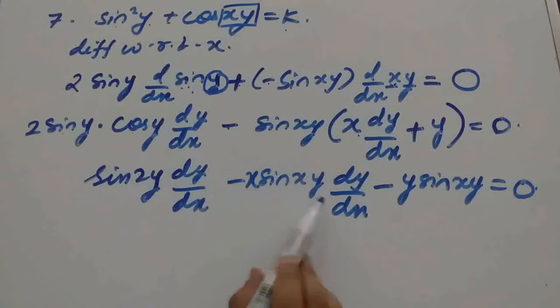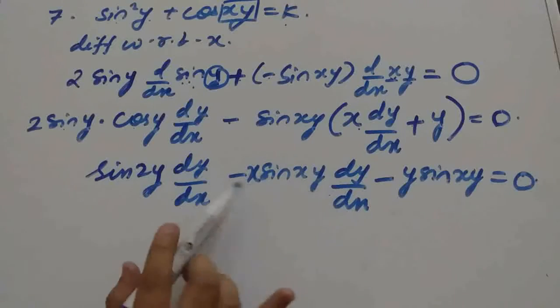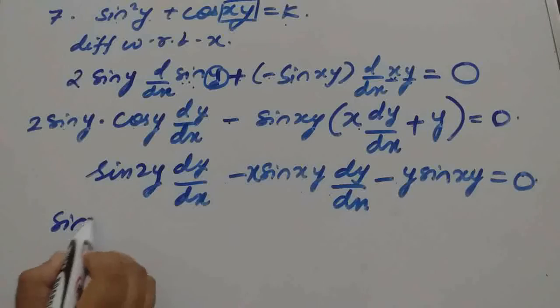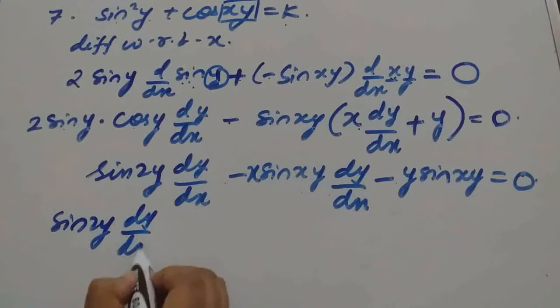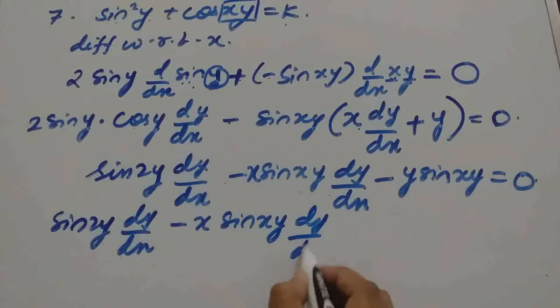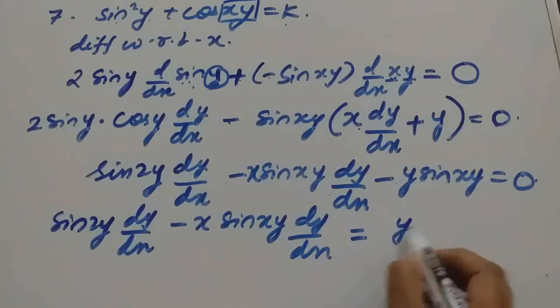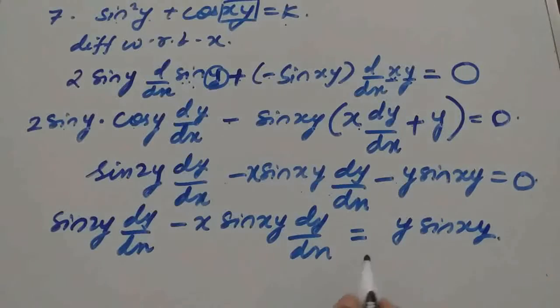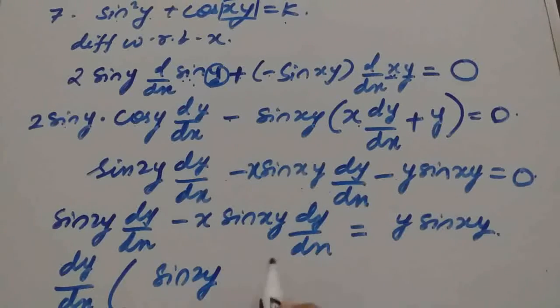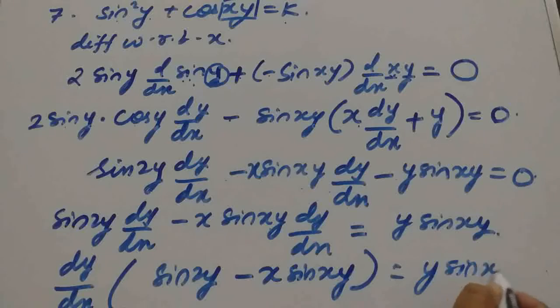Now these two terms contain dy by dx, so we will keep these two terms here only, this should go that side. So sine 2y dy by dx minus x sine xy dy by dx is equal to plus y sine xy. Okay, now these two dy by dx terms should be common, so the remaining two elements are sine 2y minus x sine xy is equal to y sine xy.